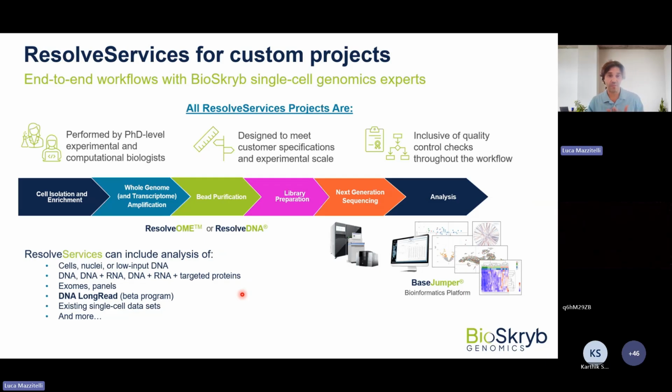So in case you're able to ship samples to the US, I know that could be quite challenging, but this is something that we provide as a service.